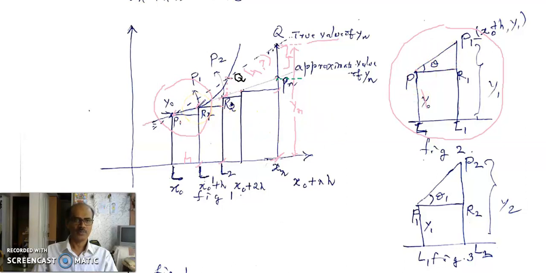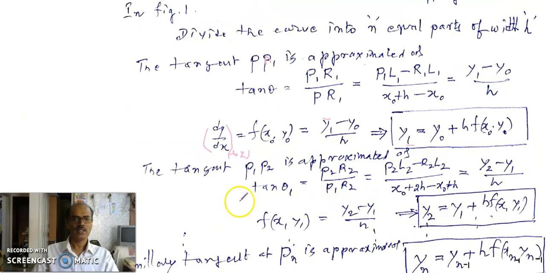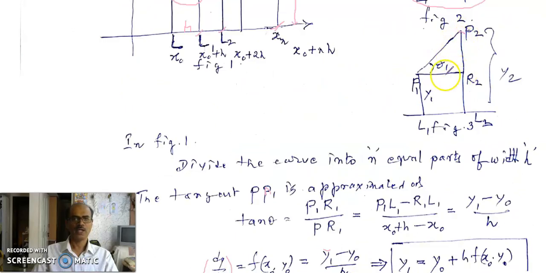Similarly, we generalize for P2. What is the ordinate at P2? We require to know what is y2. So for that, the tangent at P2 is approximated as tan theta 1 is equal to P2 R2 divided by P1 R2, opposite by adjacent.